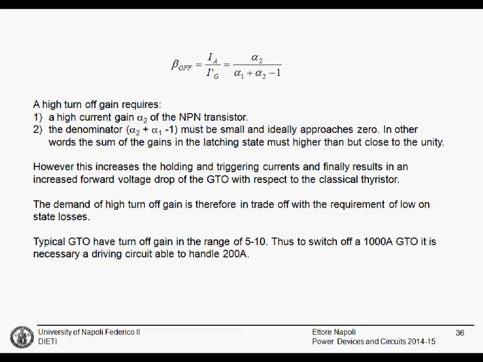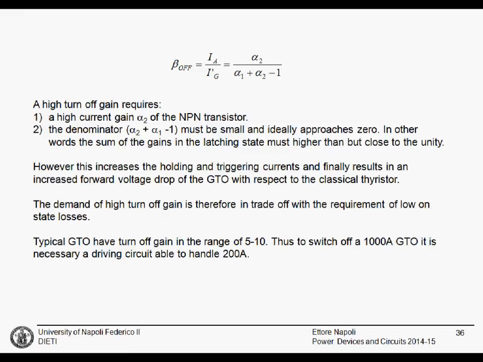It is clear that in order to have a high turn-off gain, we need a large gain of the alpha 2 transistor, the NPN transistor, and a denominator alpha 1 plus alpha 2 minus 1 that must be small, and should approach 0.